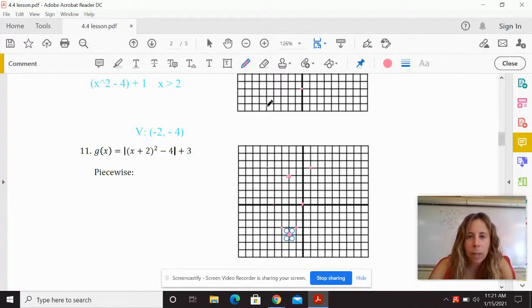Let me erase my little vertex that I put in the middle there. Okay, so that would be your graph if you're graphing it as a quadratic.